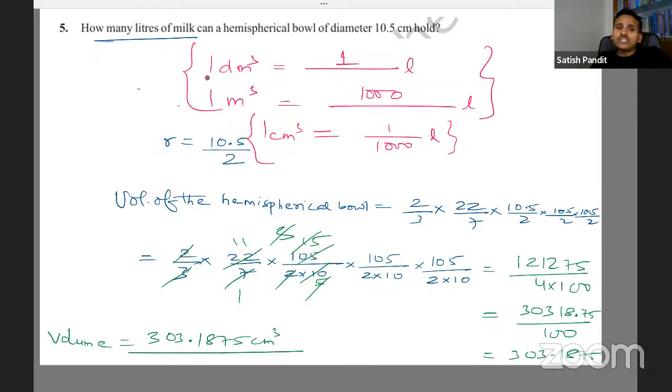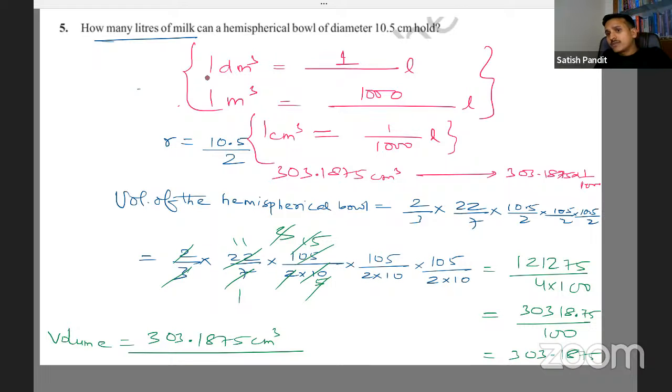So now see, 1 centimeter cube is this much liters. So 303.1875 centimeter cube will be how much liters? 303.1875 into 1 by 1000.